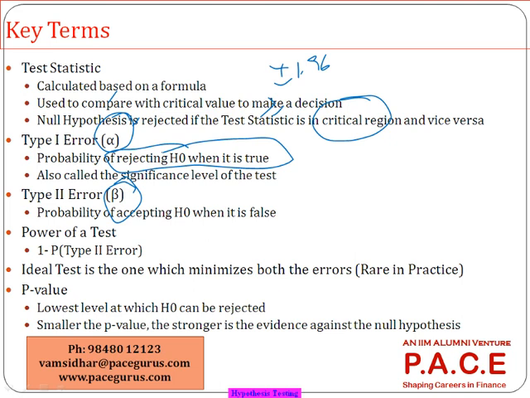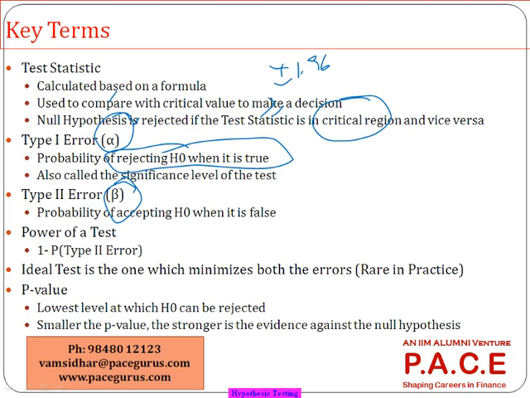So that should be minimized. Similarly, there is a possibility of a type 2 error or a beta error, which is nothing but failing to reject, or accepting, the null hypothesis when it should be rejected.